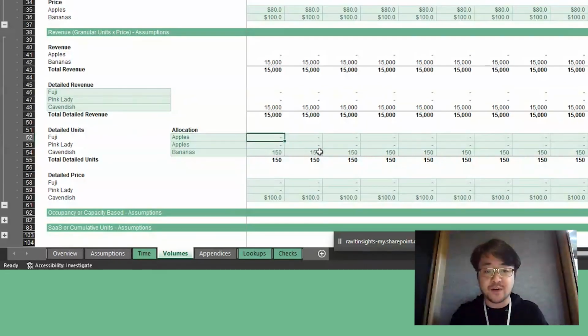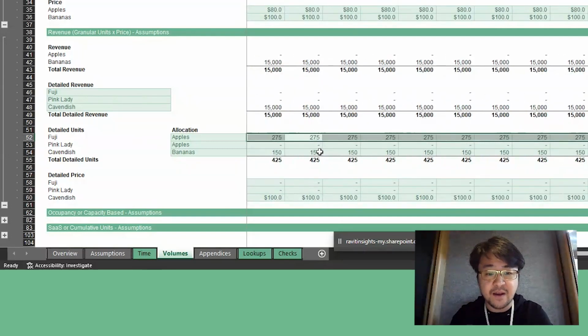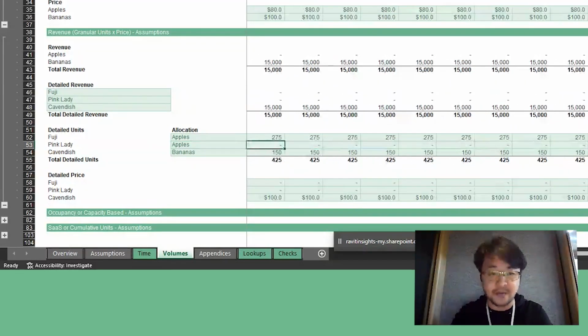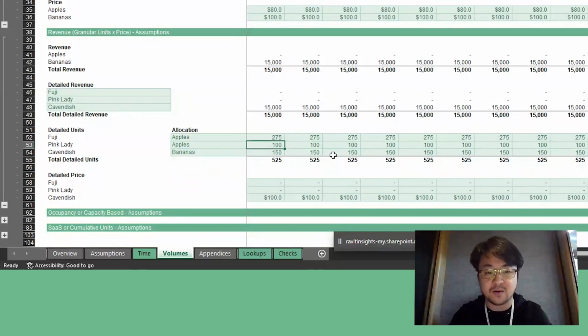So, for example, in this case, we might say, all right, 275 units of apples were sold out of the 375. We could simply take that number minus 275 to get to the balance, but let's keep it tidy and key in all our assumptions.